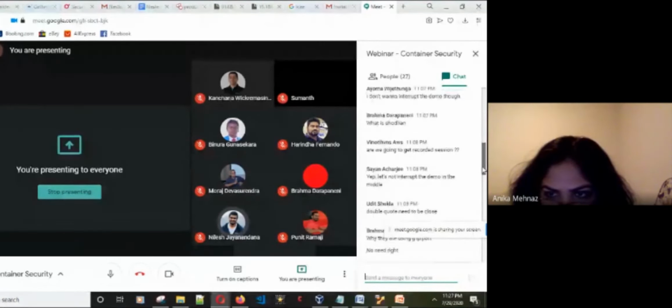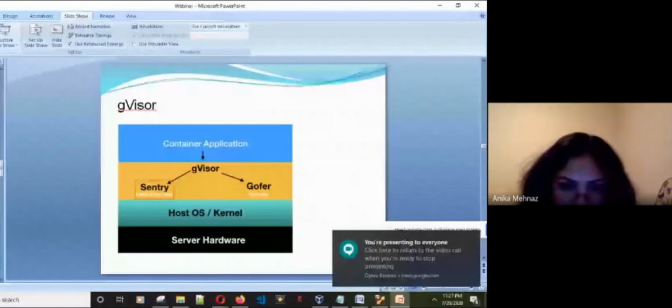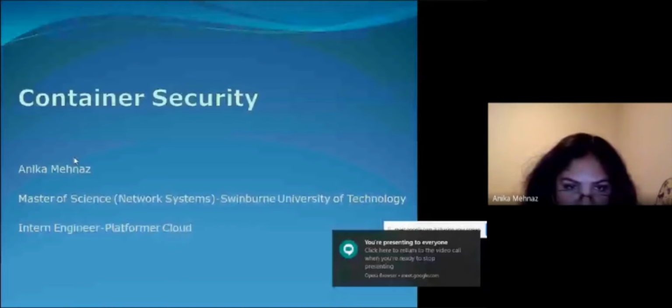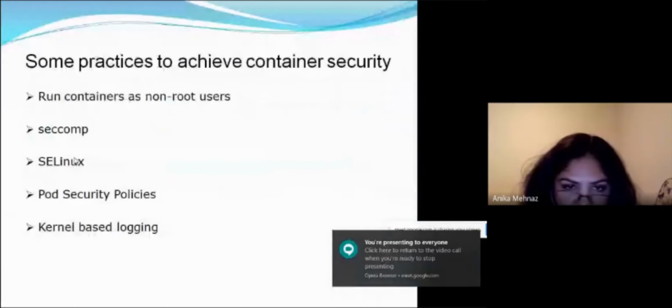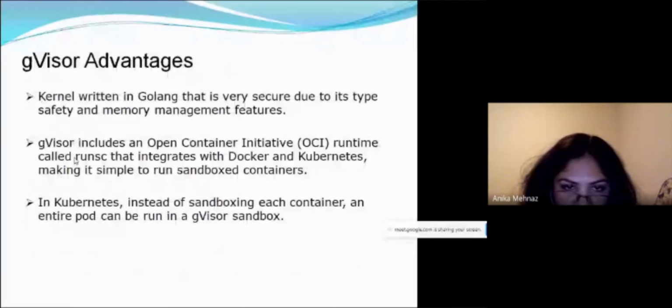And I also wanted to share one more thing. I created a group dedicated to container security.